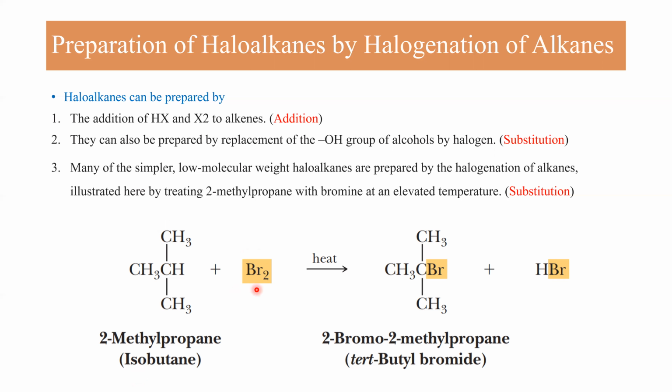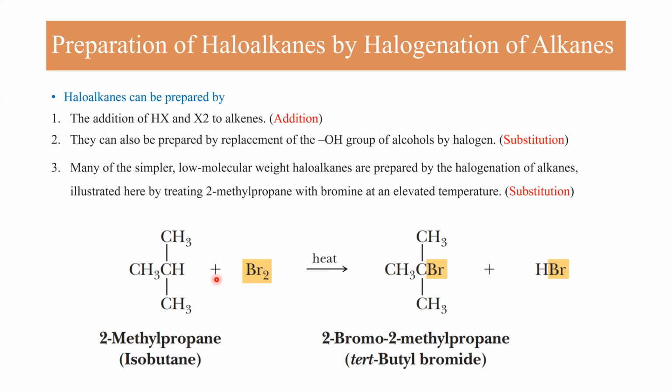So the bromine, because this is a reactive one, does exist in a molecular form. So this is the Br2. Right now we are not using the HBr, but I will ask you and I will discuss if we are using the HBr, what will happen in that scenario. So Br2, we are using that one. And when it reacts, an important thing is this one: don't ignore that reaction condition.